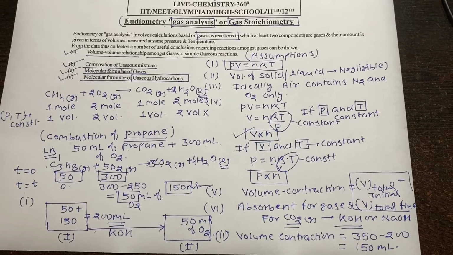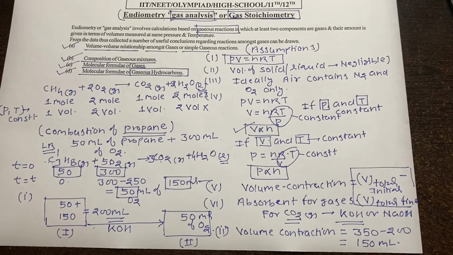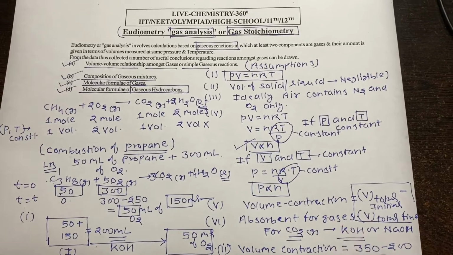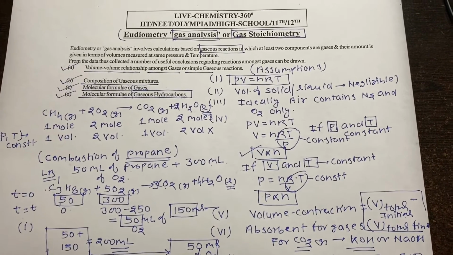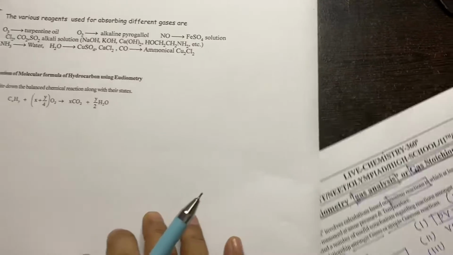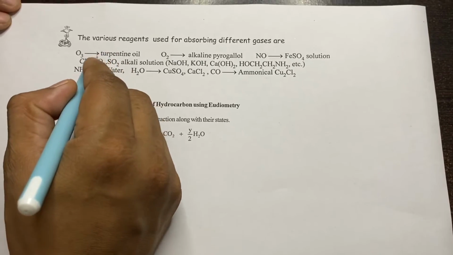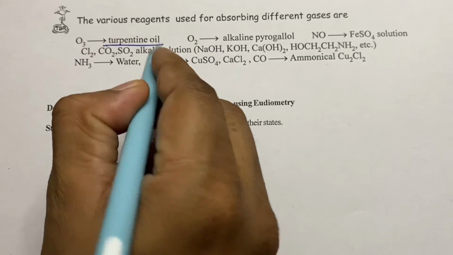Now let's understand what absorbent we can use for different gases in the gaseous mixture, and how we can find the formula of a hydrocarbon in eudiometry. If the gaseous mixture contains O3, ozone, then turpentine oil is the absorbent.